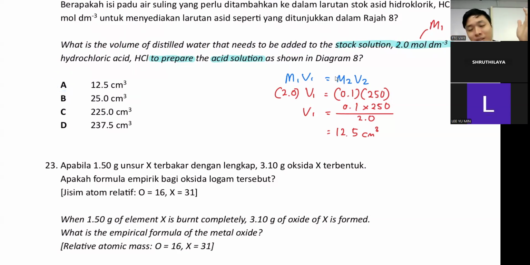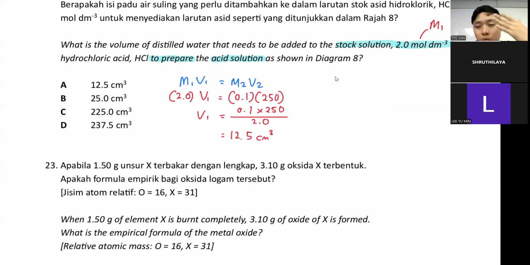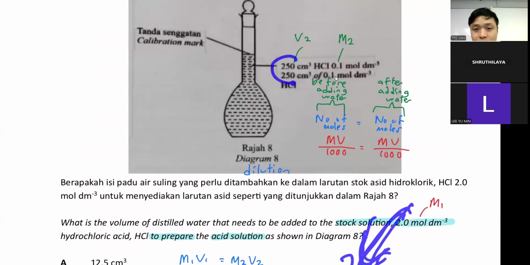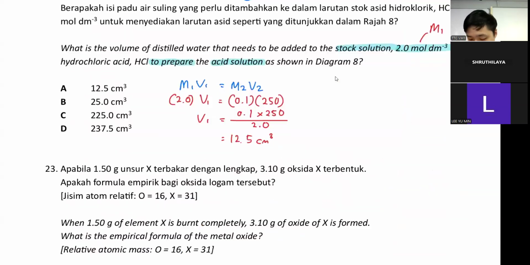But you miss one thing. There's one problem, because you have to read back the question, what they really want. Now, V1 is the beginning. Let's say it's 12.5. Then after you add water, you will get 250 cm cube.